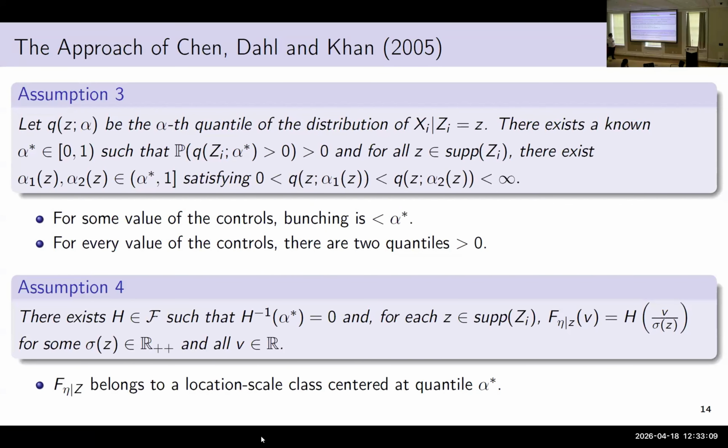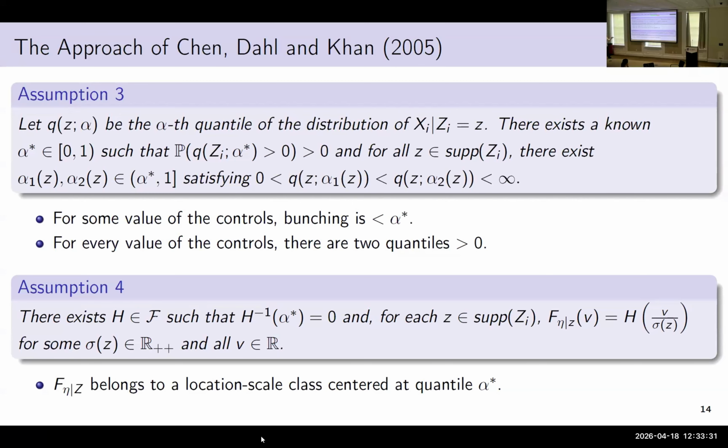The other assumption is the location-scale assumption. This is essentially non-testable. We're going to assume that the conditional distribution of that projection error, that residual on X star after you partial out the covariates, belongs to a non-parametric location-scale family that's centered on alpha star.